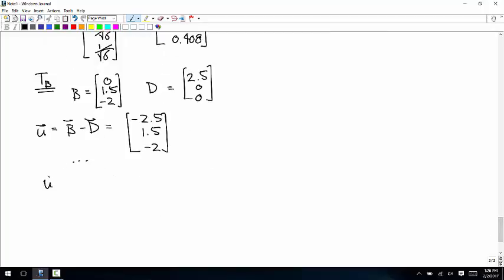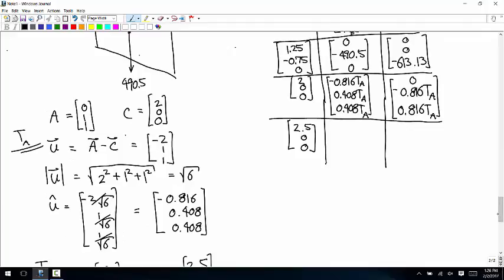And you get that the unit vector is negative 0.707, positive 0.424, and negative 0.566. So the force vector is that unit vector times TB.